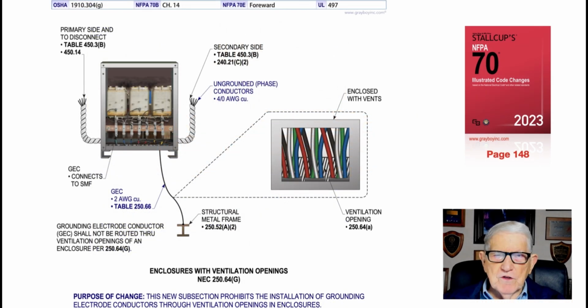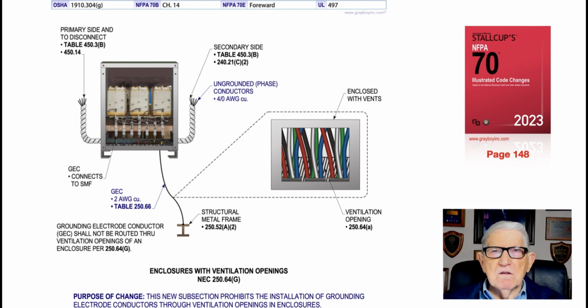Now this illustration deals with enclosures with ventilation openings in accordance with NEC 250.64(G). And basically this revision just prohibits conductors, as you see in the illustration, routed across these vent openings. And the reason for that, you know why.